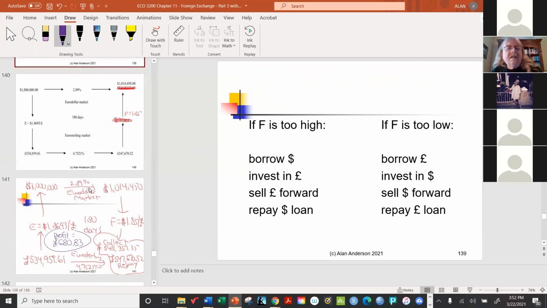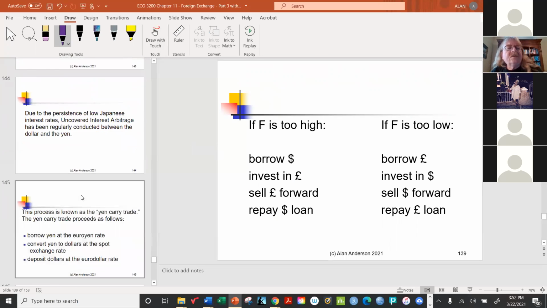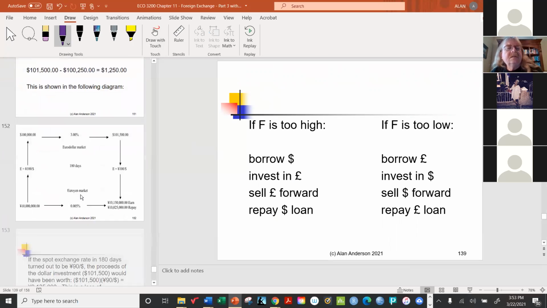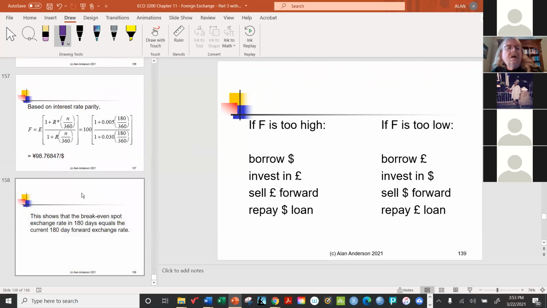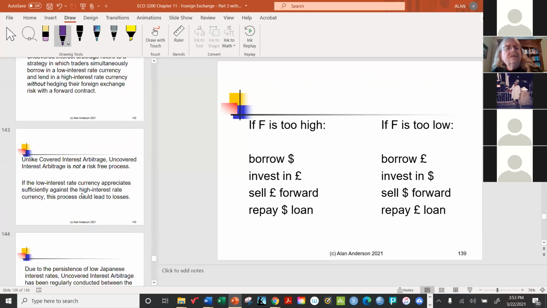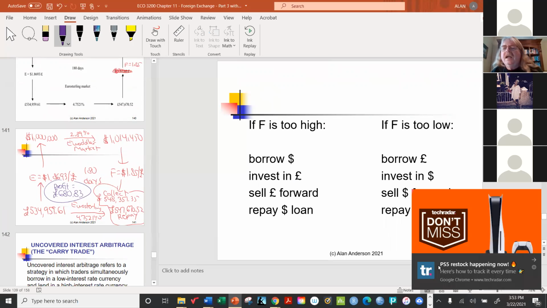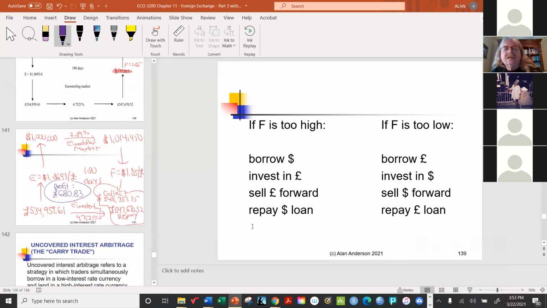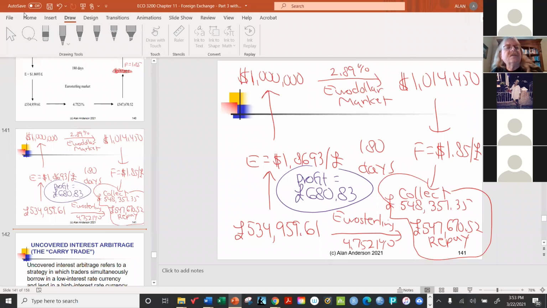All right, now there's one more topic in here, which is really kind of a misnomer. It used to be that this was a popular strategy, not so much anymore. It's possible to make money sometimes. Let me just briefly introduce this topic.